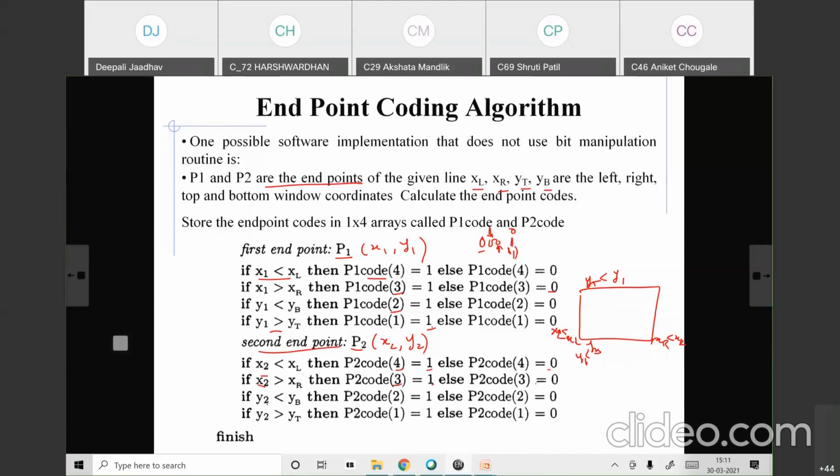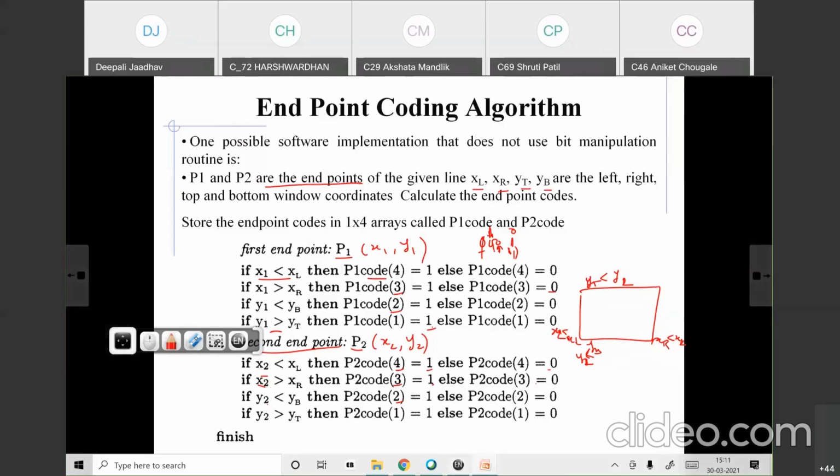If y2 is less than yb, then the second bit is 1, otherwise 0. And if y2 is greater than yt, then this bit is 1, otherwise it is 0. So using this method, we simply decide the codes for the P1 and P2 endpoints, whether each bit is 0 or 1. We can decide the 4-bit code here.